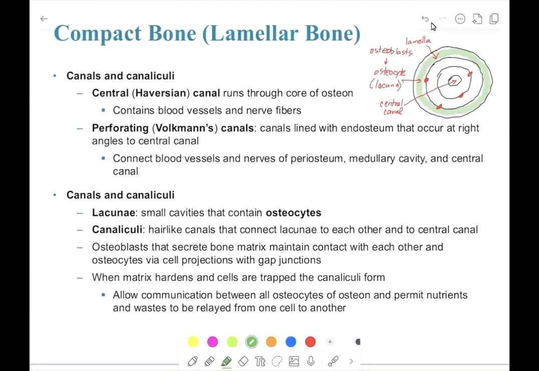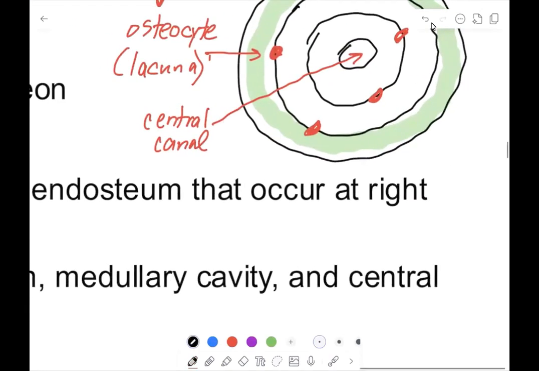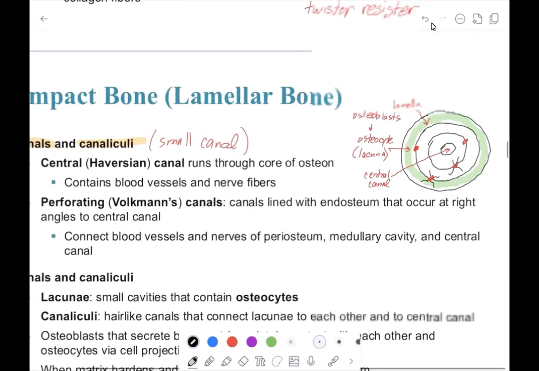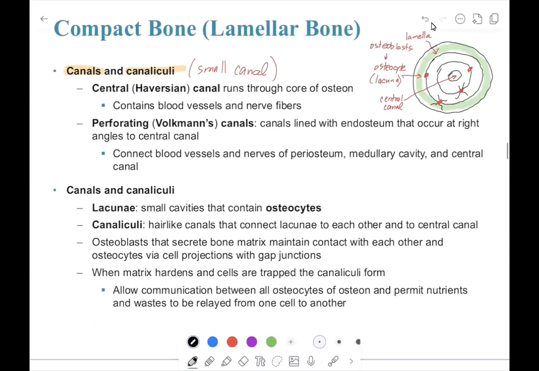So the canals, there are canals, large ones, and then small canals called canaliculi. And these canaliculi are extensions essentially from the osteocyte. So what we would see if we zoom back in on this, these little extensions at the microscopic level, almost looks like the arms of a spider. Those are going to be the canaliculi.